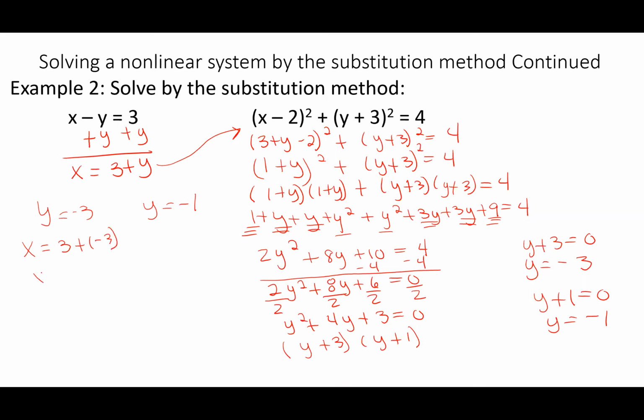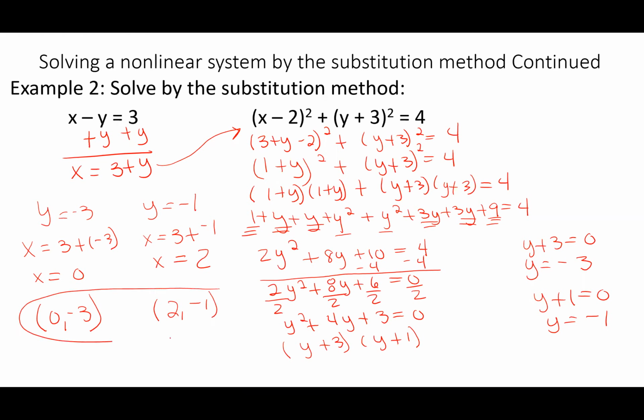So 3 plus negative 3 gives me a 0. So this point is (0, -3). And then finding my other corresponding point, 3 plus y. So in this case, x is 2. So I have the point (2, -1). So in this problem, I had 2 points.